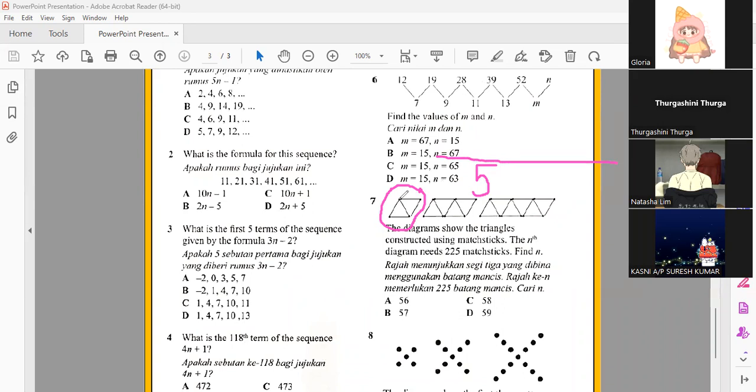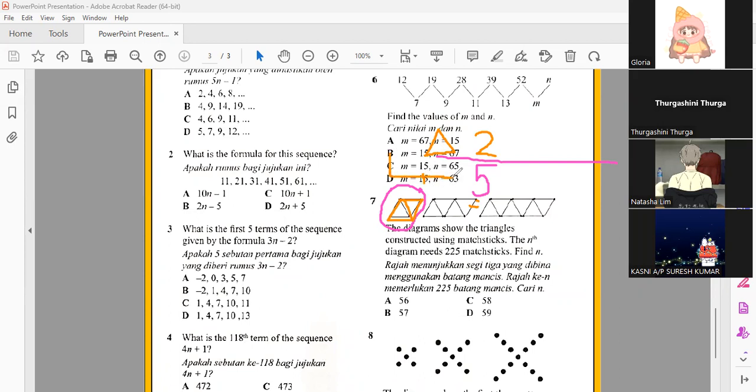There's 1 triangle. And there is another triangle. There's 2. So your triangles that you form, it's 2 if you have 5 matchsticks.